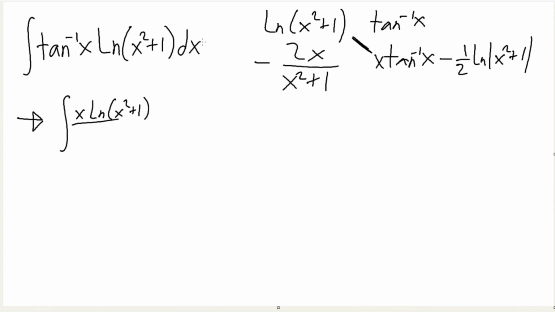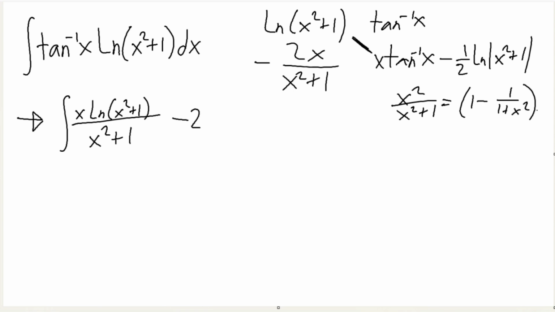That's a very nice u substitution. And here you get minus 2 x squared over x squared plus 1. We've dealt with this before, right? This is like plus 1 minus 1. So we get 1 minus this, right? That's very nice.